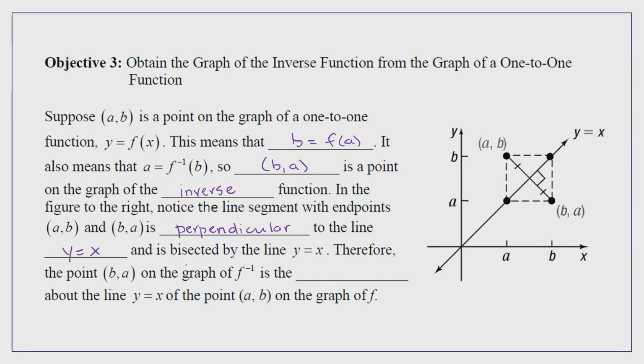Therefore, the point (b, a) on the graph of the inverse function of f is the reflection about the line y equals x of the point (a, b) on the graph of f. This leads us to the following theorem.